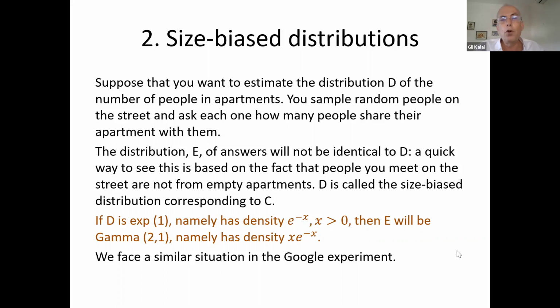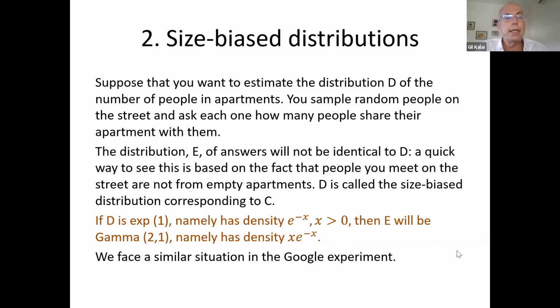And more generally, you will get a bias toward larger apartments. And the new distribution is called the size bias distribution corresponding to the original distribution.